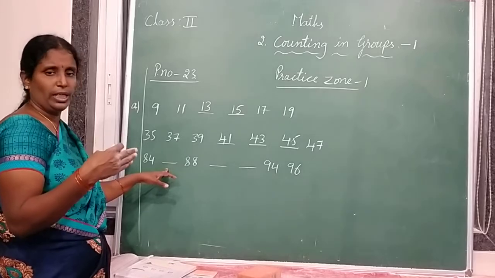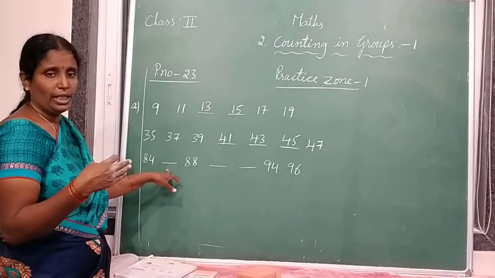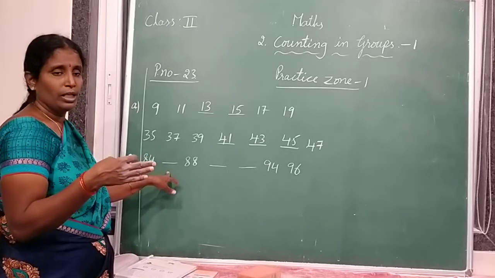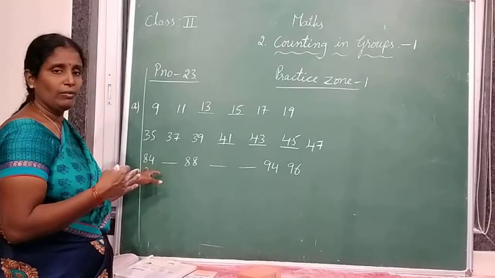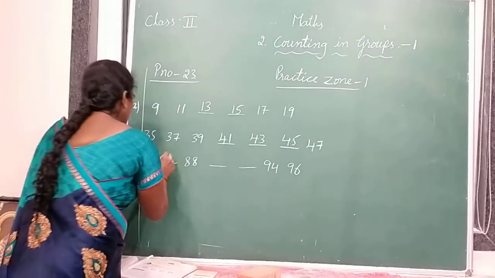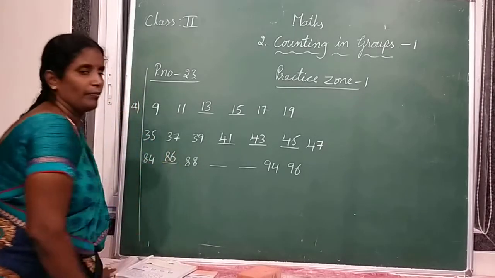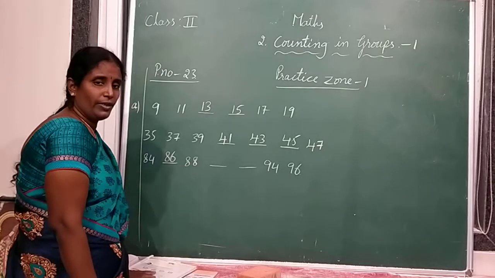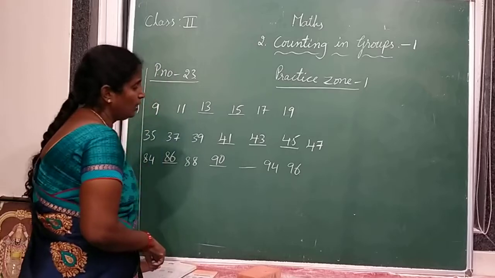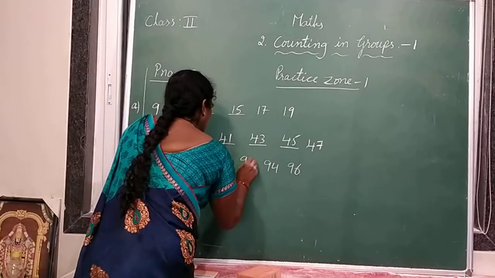Next number is actually 85, but in counting in twos we should not take 85. We have to skip one number. So what will come here? Yes, it is nothing but 86. 88. After that, 90. Next, very good, 92.